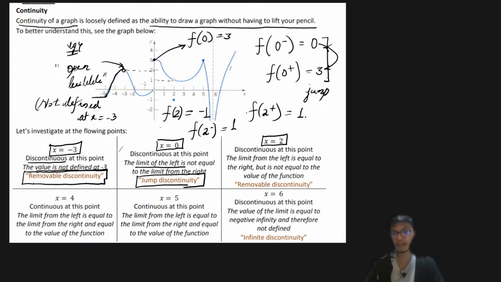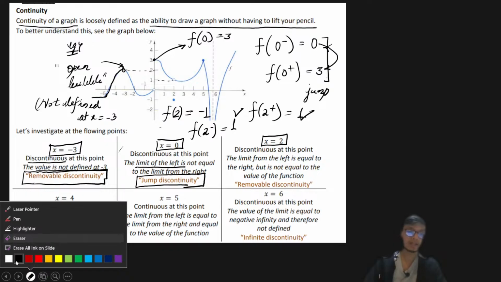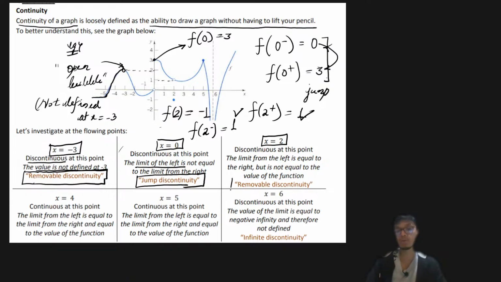So what you can see is the left hand limit and the right hand limit are equal. That means the limit exists, but the limiting value is not equal to the value of the function, right? Hence in this case the discontinuity is a removable discontinuity, because we can redefine the value of the function such that it is equal to the value of the limit. So this kind of discontinuity is called a removable discontinuity, right?